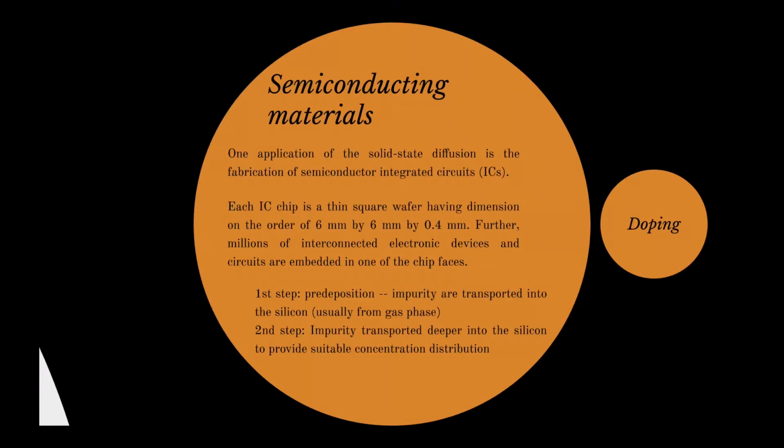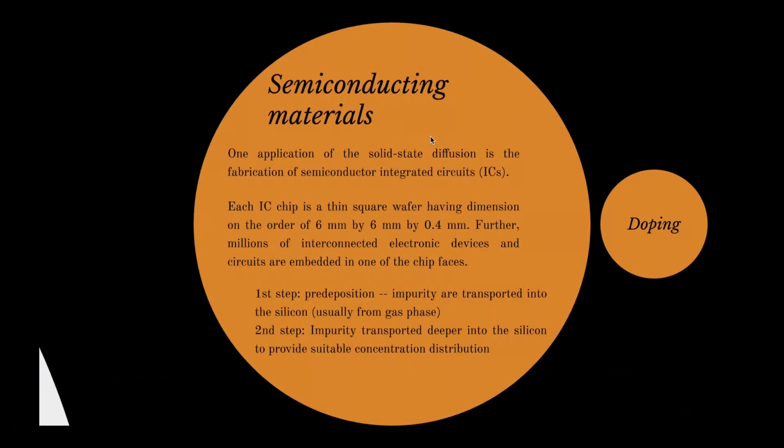So the electrical property will be enhanced significantly. I will not go into detail about how the property is changing, but the idea is you need atomic movement. You need to dope the impurity inside the silicon to change the bulk property, the bulk material.